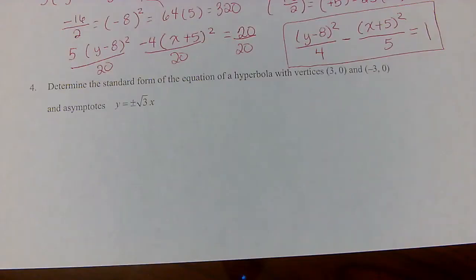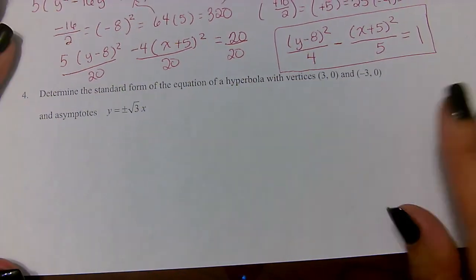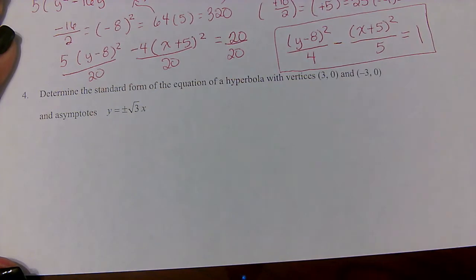Number 4 says to determine the standard form of the equation of a hyperbola with the vertices at (3, 0) and (negative 3, 0). The asymptote is y equals plus or minus the square root of 3 x. Alright, first thing I'm going to do is graph our vertices.